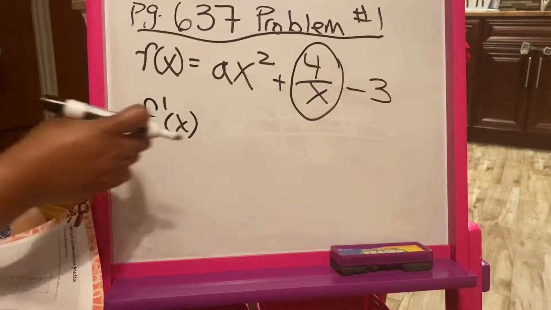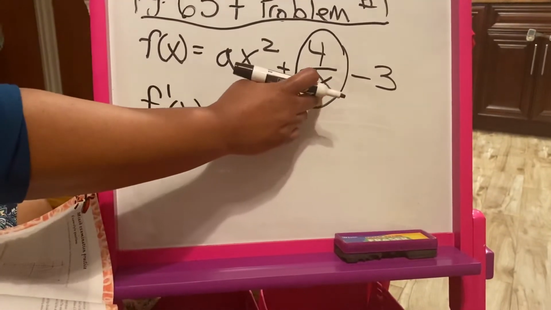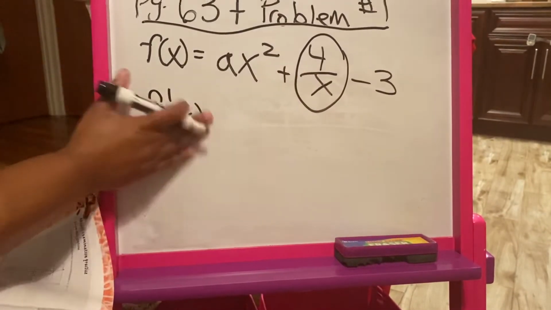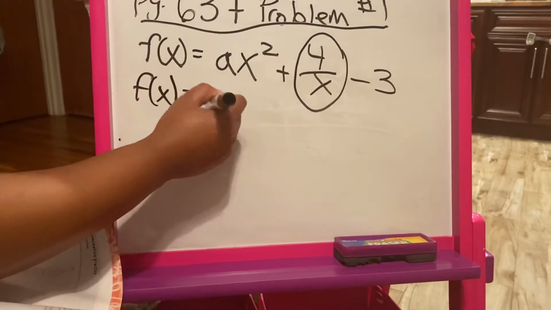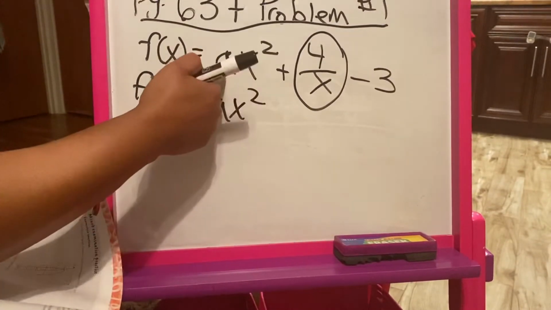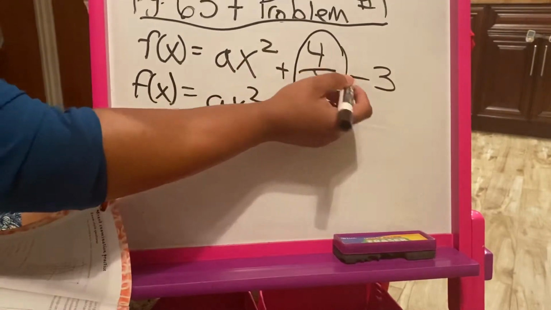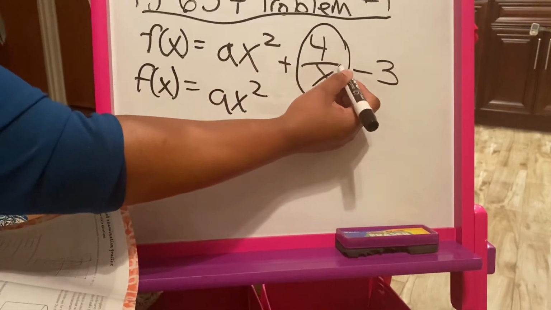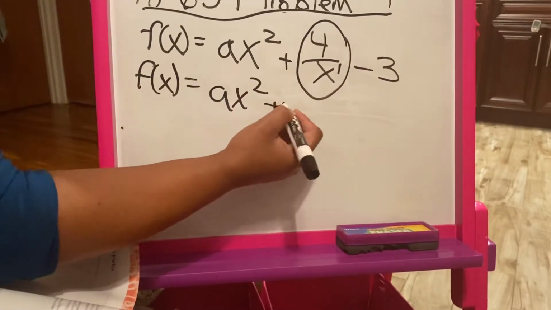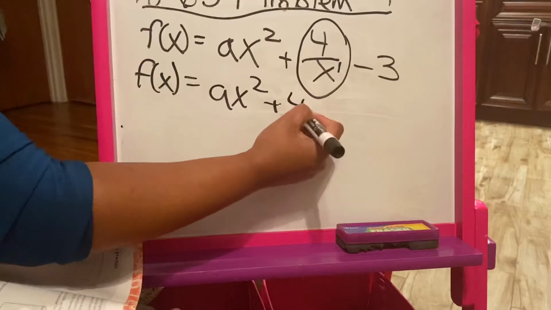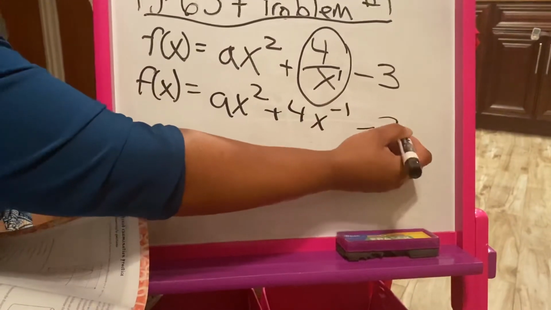But before we could find the derivative, we have to rewrite this function. So f of x equals ax squared. I keep this the same, but then I have to recognize that this x has an exponent of 1. Therefore, when I want to change it, it becomes 4x to the negative 1 minus 3.